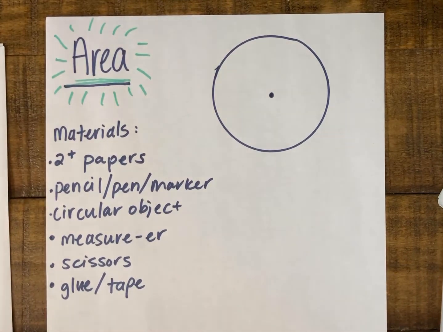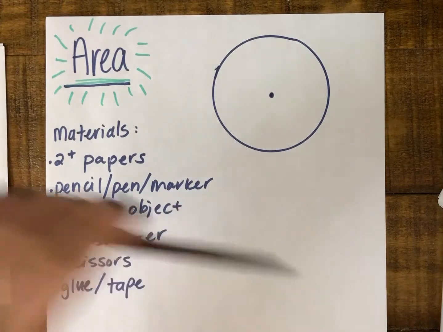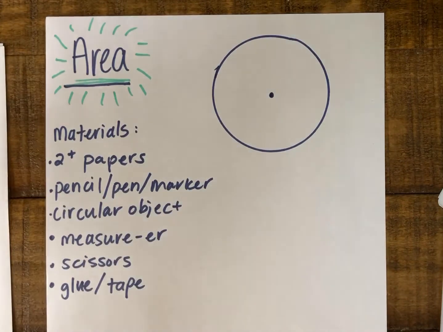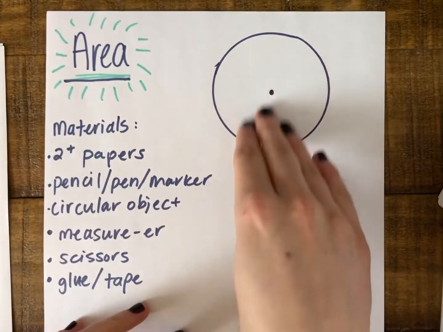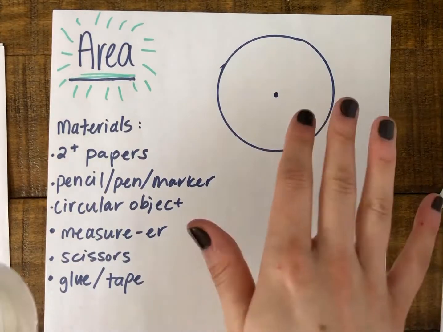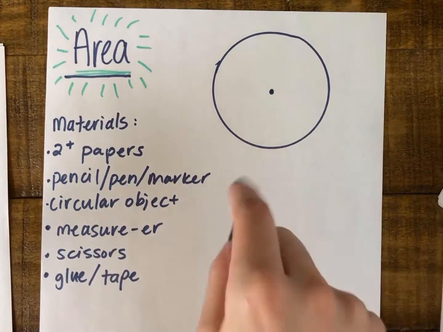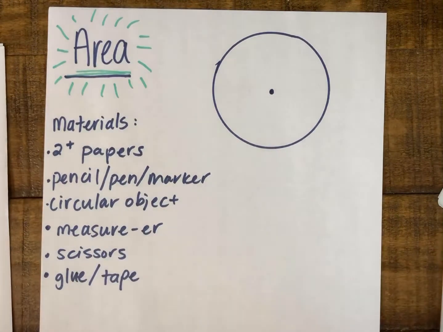You'll also need scissors again, and then I suggest glue or tape because we're going to have some pieces that you might need to tape down in order to take a picture of your assignment. So pause me for a second, make sure you have all of those things, and then we'll get started.